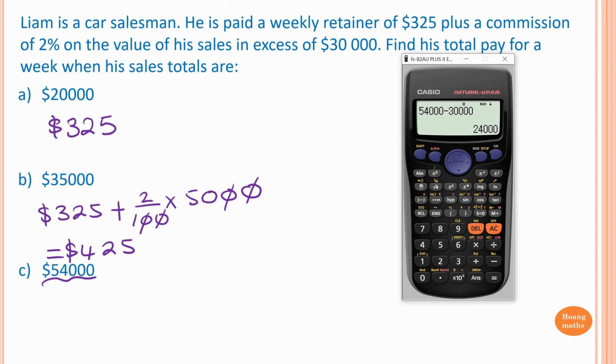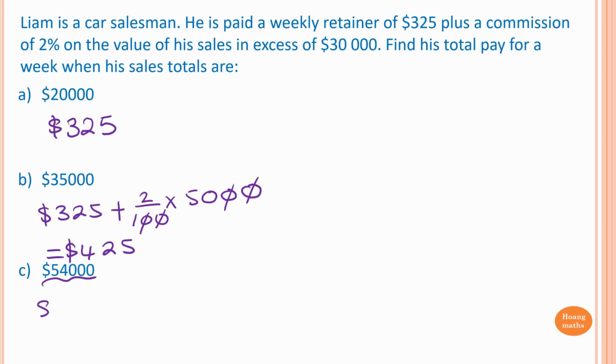So he will get 2% of the $24,000 plus the retainer. So his income for the week is $325 plus 2% of 24,000.